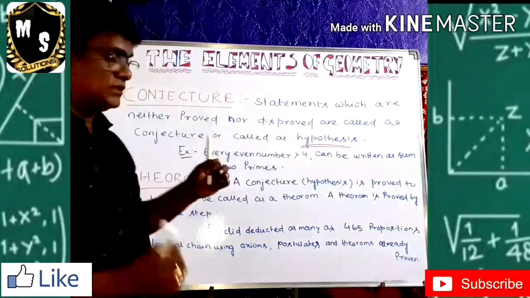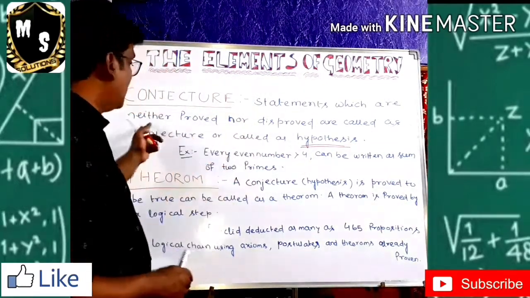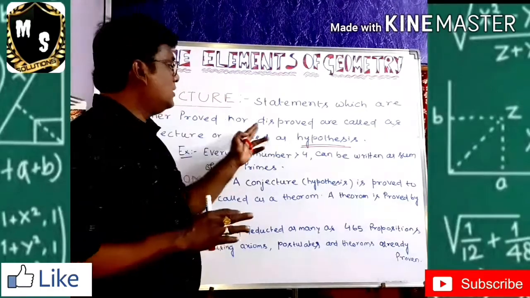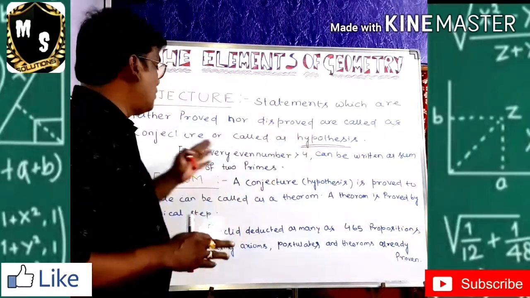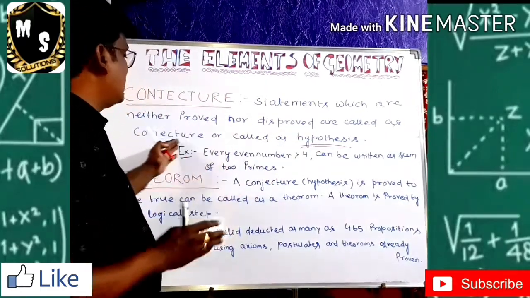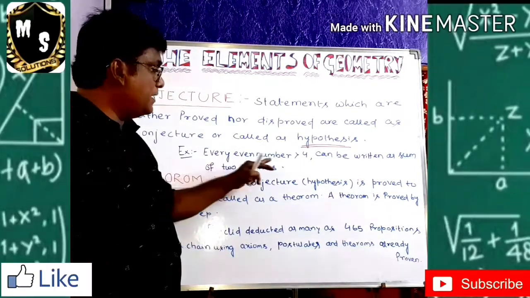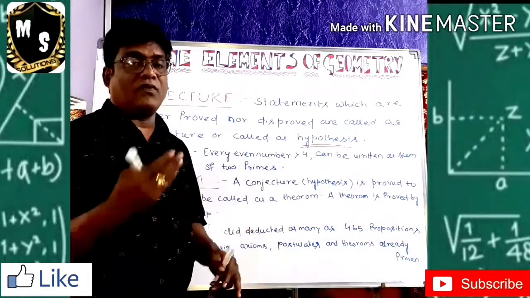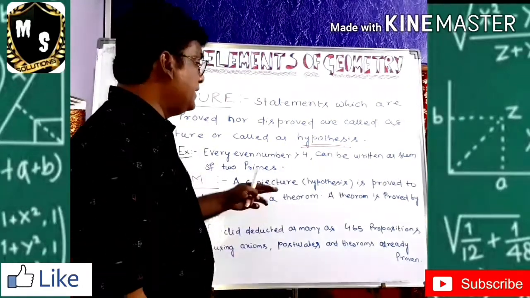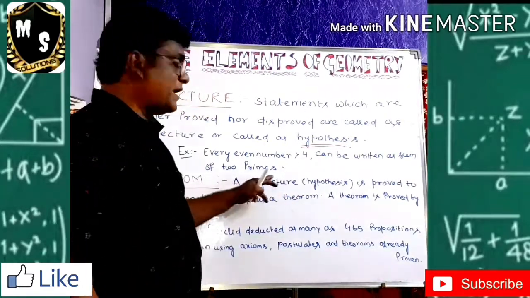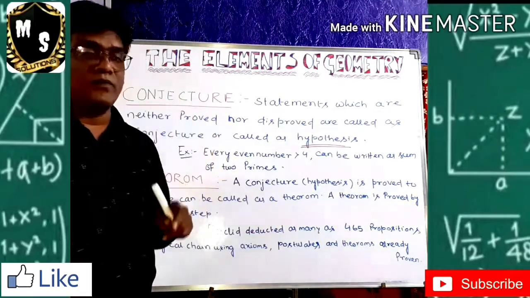So when a statement is taken that is neither proved nor disproved, at that stage it is called a conjecture or hypothesis. Example: every even number greater than 4 can be written as the sum of 2 primes.